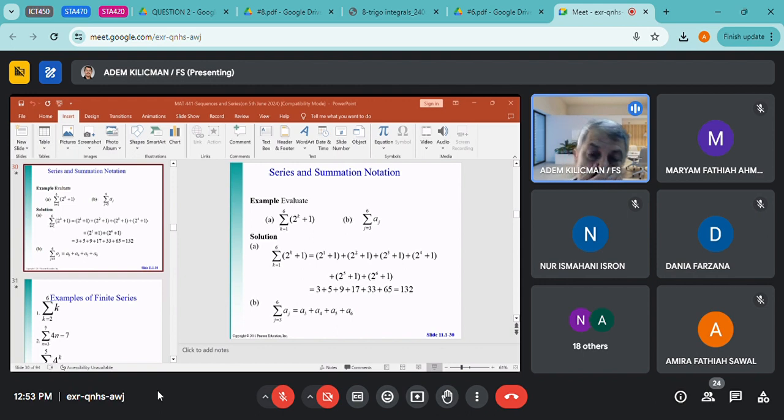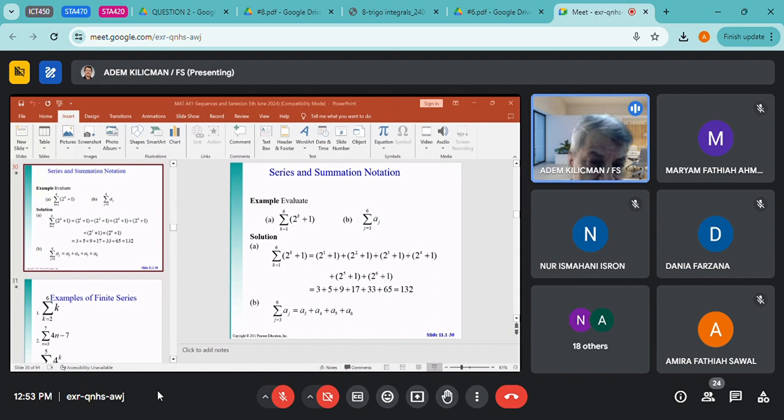Okay, then we can try to evaluate those values. For example, what does it mean? The sum of k from 1 to 6 of 2 to the power k plus 1, meaning that we replace k with 1, you can see here, 2 to the power 1 plus 1.